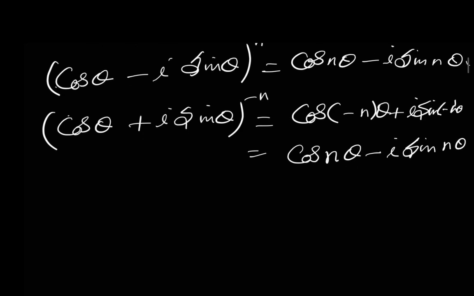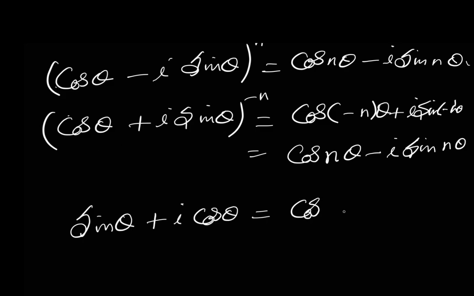One more formula. Suppose the complex number is of the form sin theta plus i cos theta. We can apply De Moivre's theorem only for the form cos theta plus i sin theta. So I replace this as cos of 90 minus theta, that is sin theta, plus i sin of 90 minus theta.